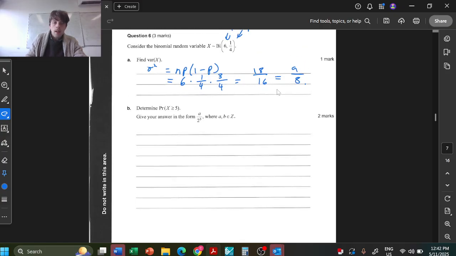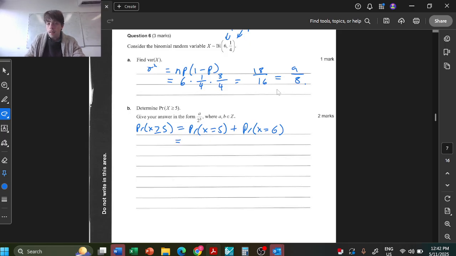So we have the probability that x is greater than or equal to 5. That tells us that x is either equal to 5 or x is equal to 6. So we need to work out the probability that x is equal to 5 plus the probability that x is equal to 6. And remember, there's a total of 6 trials, so we don't need to go any higher than that.